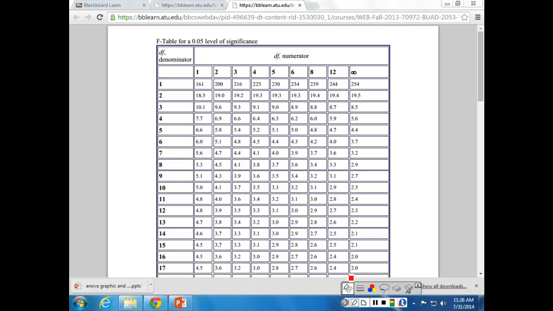Along the top, we have degrees of freedom numerator, 2. Along the left-hand side, degrees of freedom for the denominator. 2 and 12 degrees of freedom. So there's your 3.9. We're going to reject H0 if F test is greater than 3.9.